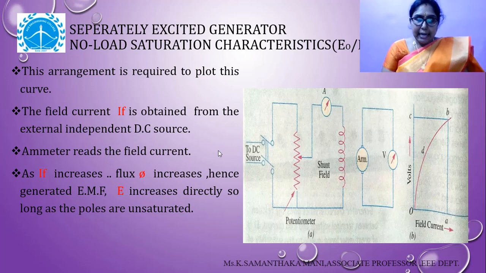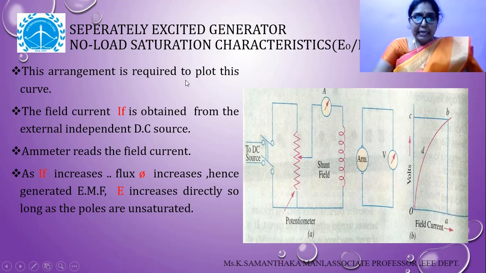First I'll start with the no load saturation characteristic curve, which is a graph drawn between E naught and IF. You can observe here the arrangement that is required to plot this curve. First, I would like to explain this arrangement. We are taking these characteristics for a separately excited generator. At the start of this presentation, I mentioned the difference between a separately excited generator and a self-excited generator.